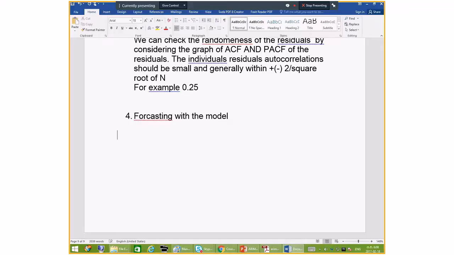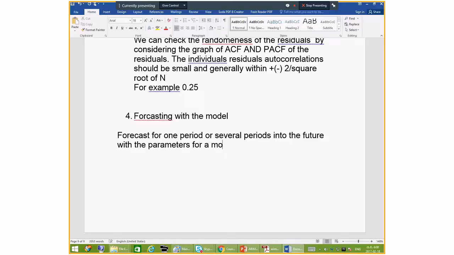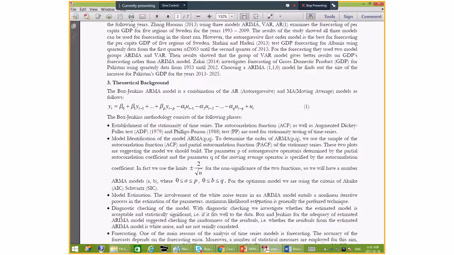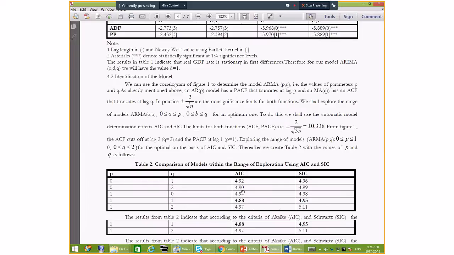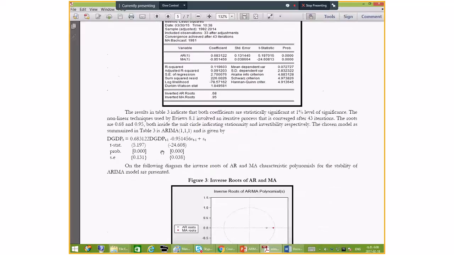You can use our estimated model to forecast for one period or several periods into the future, once the parameters for a model have been selected. In this model, this is our ARIMA model.